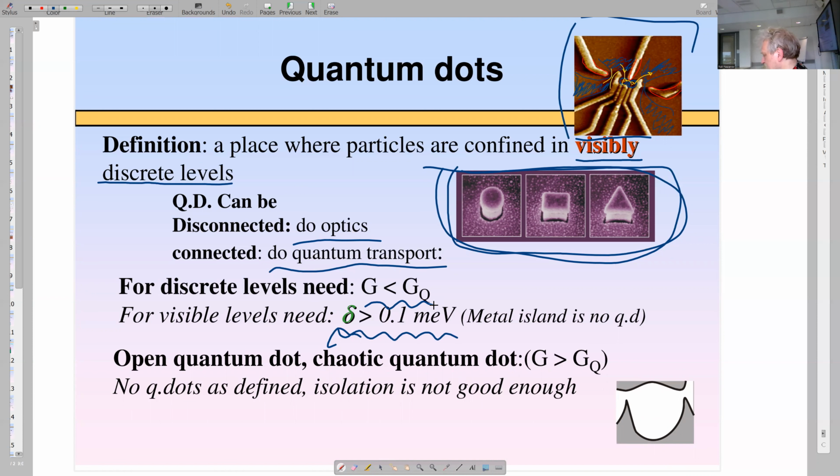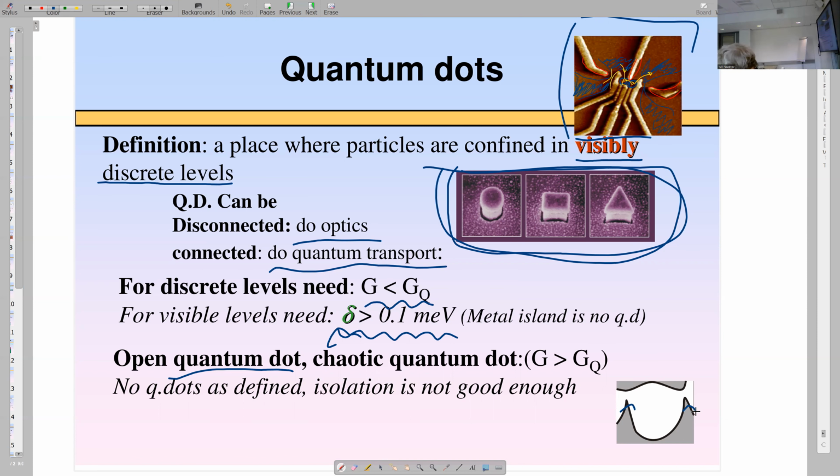To confuse you a bit, sometimes people talk about quantum dots, eventually assuming geometry like this. So there is some place where you can store electrons. This is good. That's why they call it a dot.